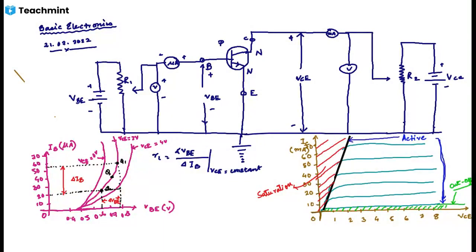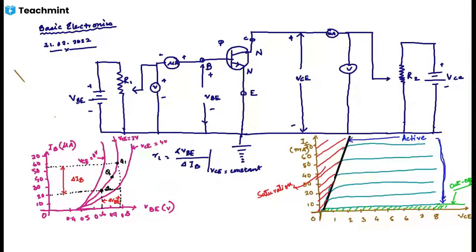Next is, as the value of VCE decreases below 0, IC increases rapidly. This occurs because when the collector to emitter voltage, that is VCE, decreases below 0, the collector to base junction becomes forward biased. This means now both the junctions are forward biased. This is called the saturation region.